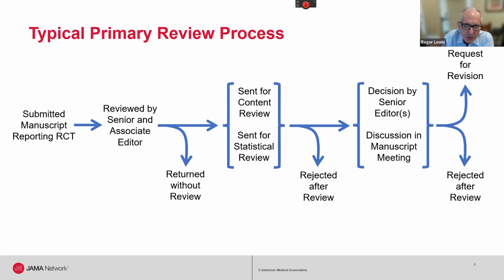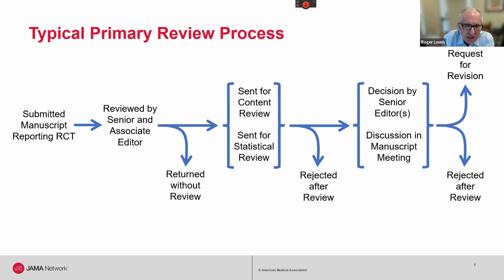Those that are not returned without review, which is the majority of manuscripts, and for some categories, the vast majority, are then sent simultaneously for content review and for statistical review. When those reviews come back, the handling editor, who's someone with domain expertise in the field, who's shepherding the manuscript through, makes a decision about whether it has a meaningful chance for being published.